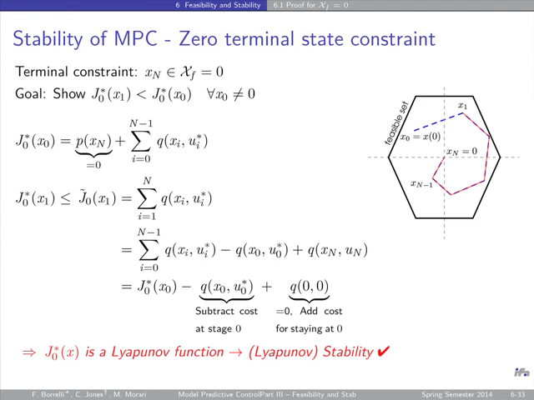And so because it's positive definite, it's continuous, at the origin, this is a Lyapunov function, and you will get asymptotic stability. The way we have done that, if you want to learn more, is to take the optimal cost at step 1, bound it by a suboptimal cost, which was the cost associated to the shifted sequence. Rewrite that as the cost at step 0 minus the first element plus the last element. And then because of the terminal constraint being equal to 0, this proves the decrease of J star. Okay?